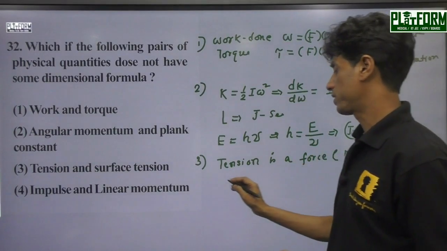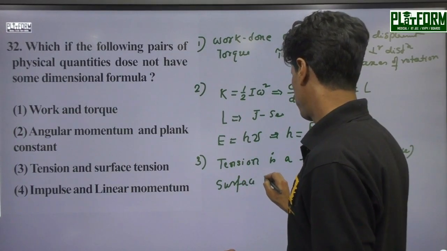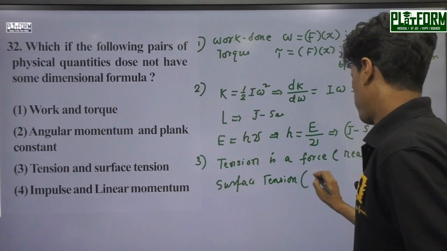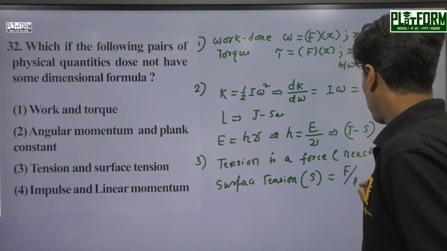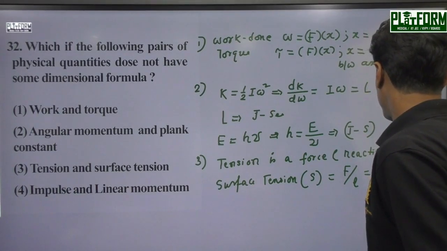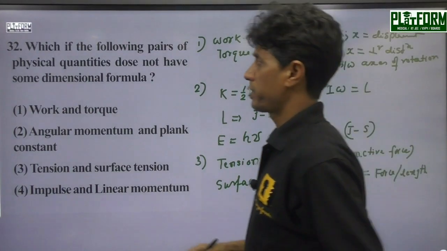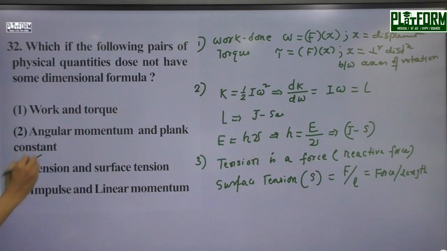But surface tension, S is equal to, it is actually force per unit length. So tension and surface tension do not have the same dimensional formula. 3 is the right option.